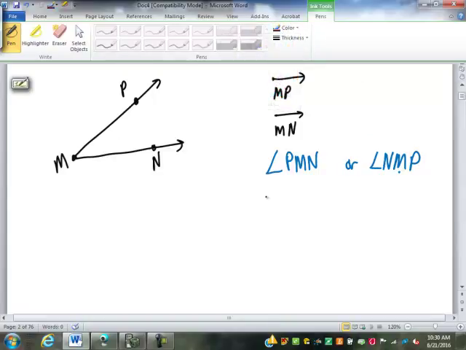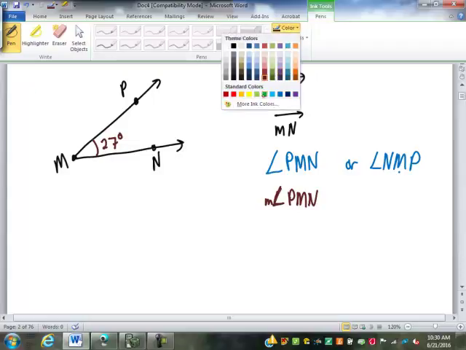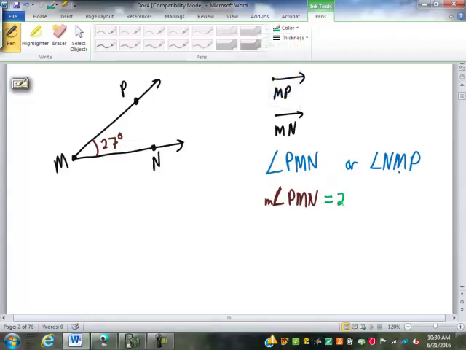Now, a little bit of variation of that symbol looks like this. This little M in front of the angle symbol stands for the word measure. Measure means how big is it? So let's say that this is 27 degrees. So the measure of angle PMN would equal 27 degrees.